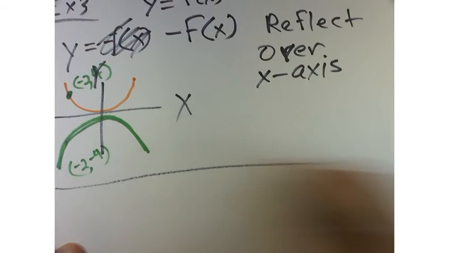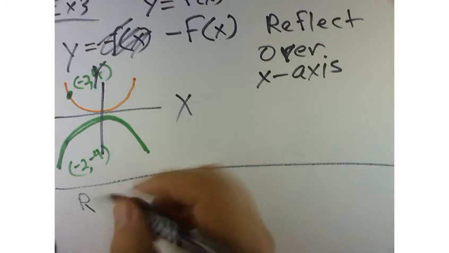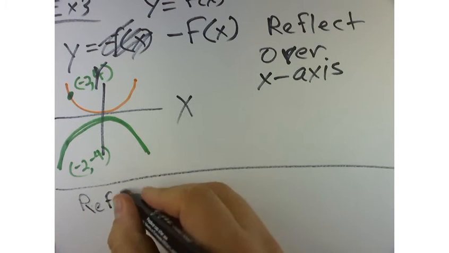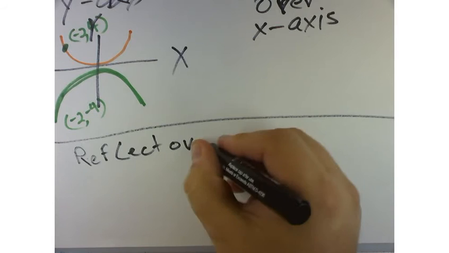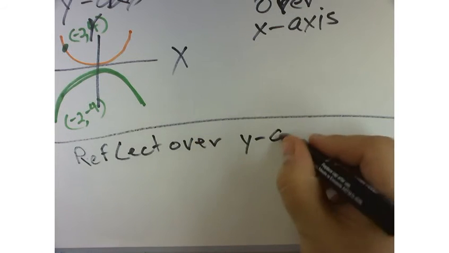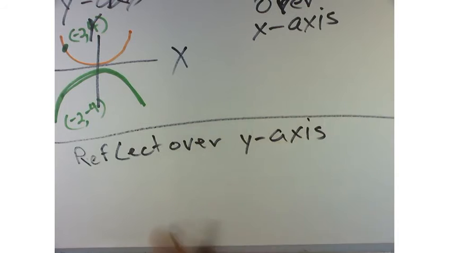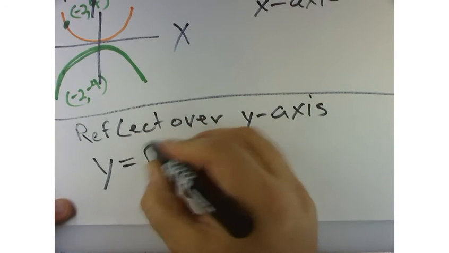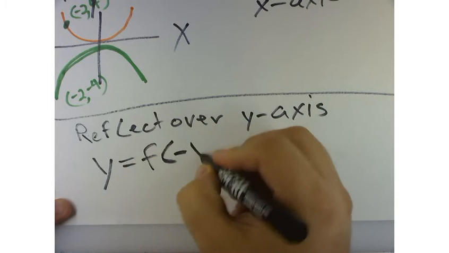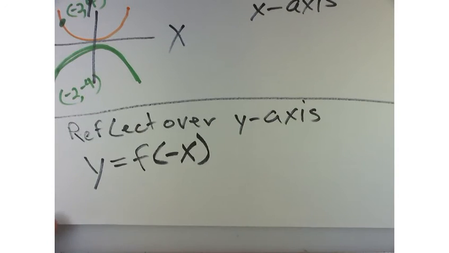So if I wanted to, say, reflect over y, I would do it a little different. I would say y is equal to f of the negative x value. So then what I would do is I would take the negative of the x value.